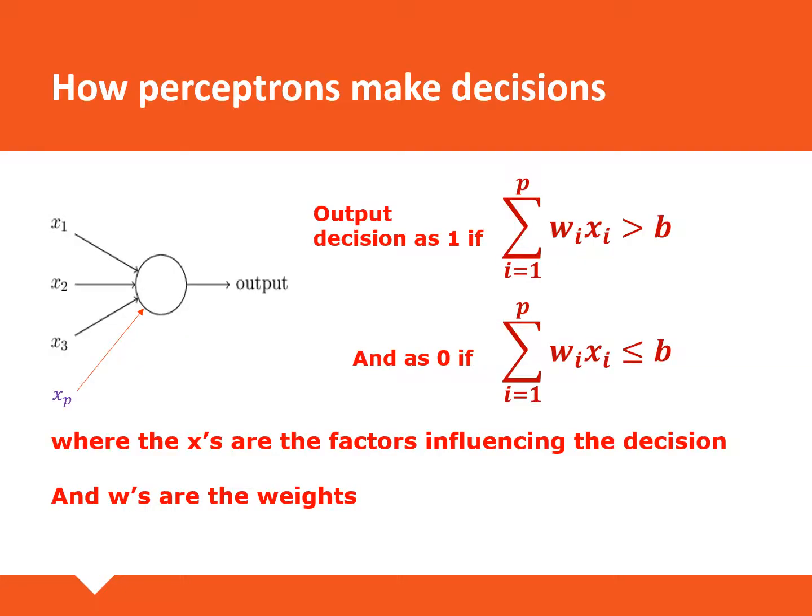So in terms of a quick recap, what we looked at in the first video is what are the fundamental building blocks of neural networks, and we call them perceptrons.